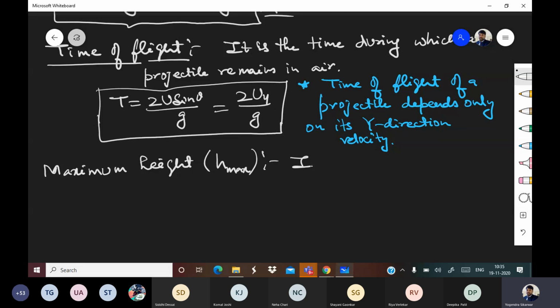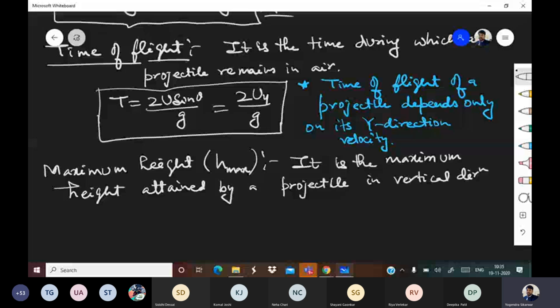It is the maximum height attained by a projectile in the vertical direction during its motion.